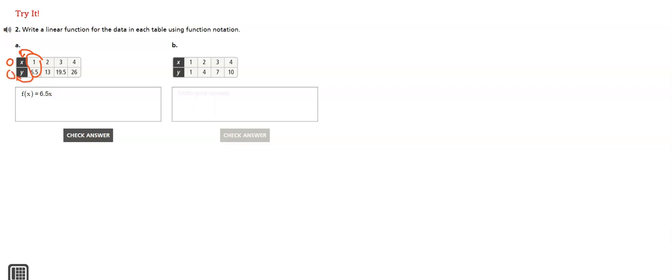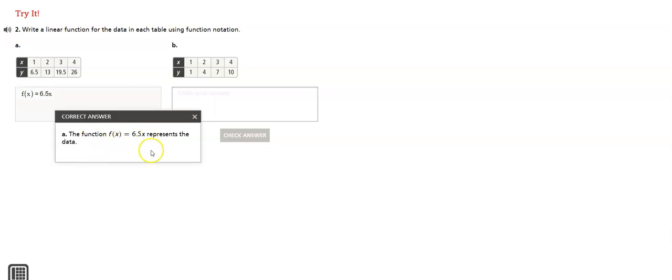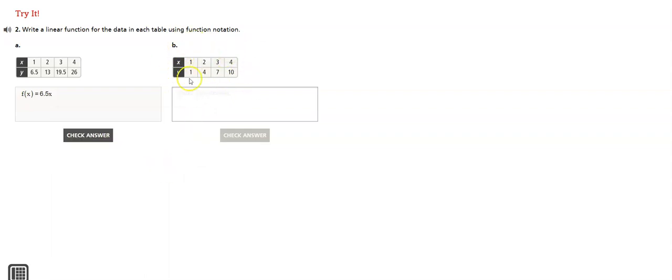So that means this is a proportional relationship and my y-intercept is 0. If we inspect that and check our answer, you would find that that function is correct. Go ahead and do problem B on your own and see if you can find the y value for problem B, and we'll check it in class.